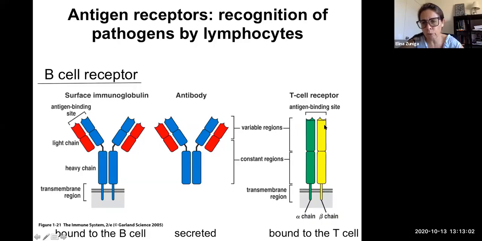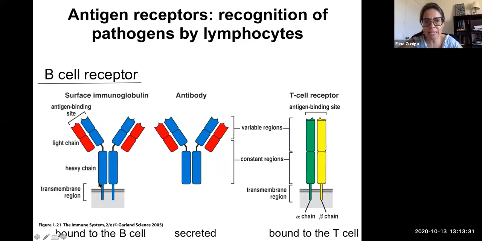And it has two of these chains, but in this case the two chains are called the alpha chain and the beta chain, and the antigen or ligand binding site will be formed by a combination of the alpha chain and the beta chain, okay?